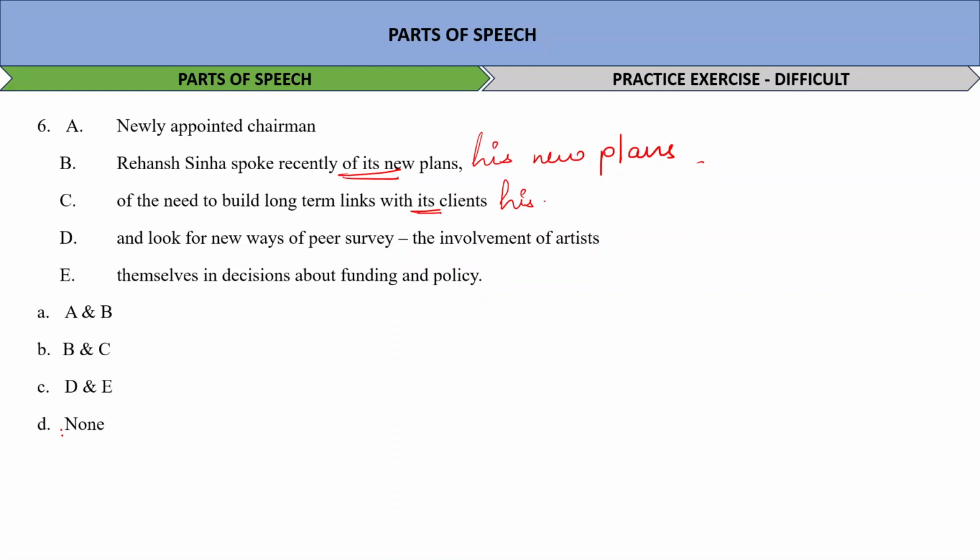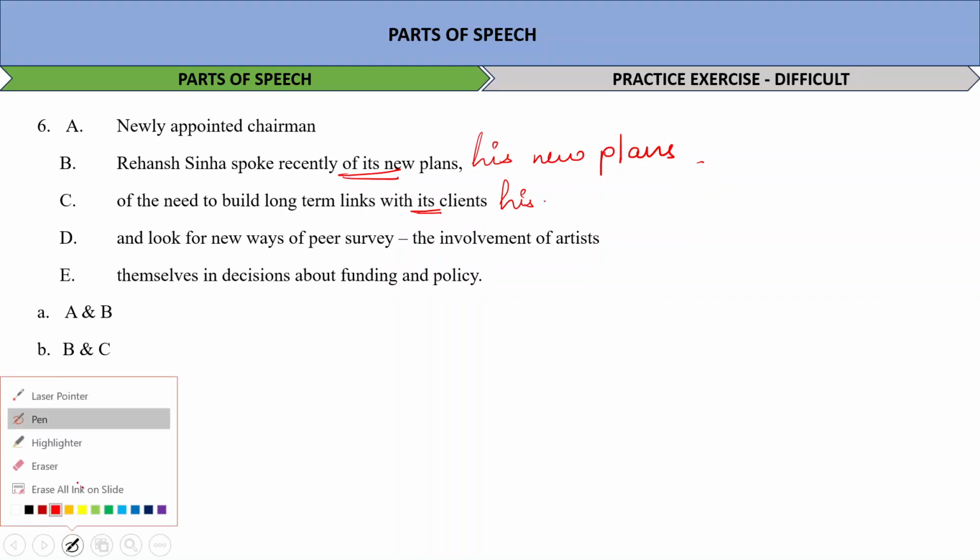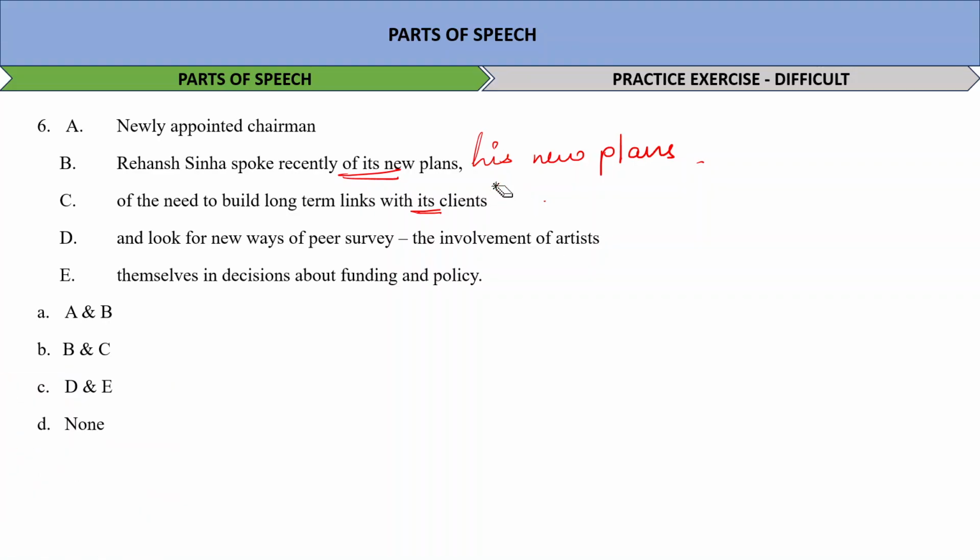Okay, long term links with clients. Is it used correctly with its clients? Of the need to build long term links with its clients, and look for new ways of peer survey, the involvement of artists. No, I think I was correct. It should be its client, it shouldn't be its clients.